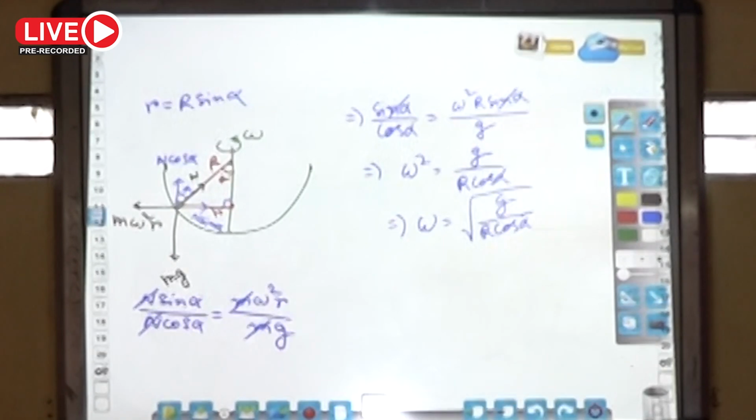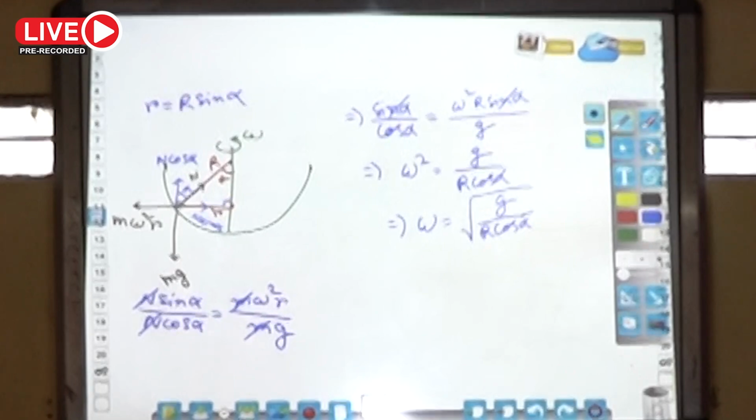So that's why we consider N sin alpha equal to m omega square r and N cos alpha equal to mg, and we divide these two equations to eliminate N, because I have no data for N. So after eliminating, you will get sin alpha by cos alpha equal to omega square r by g.